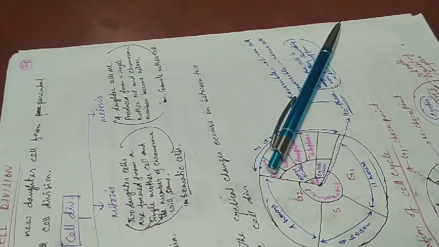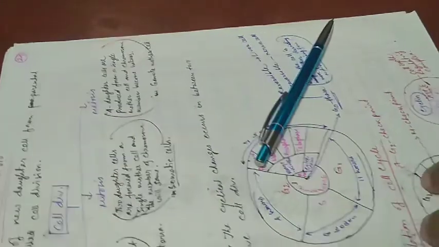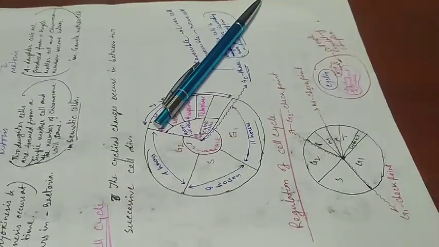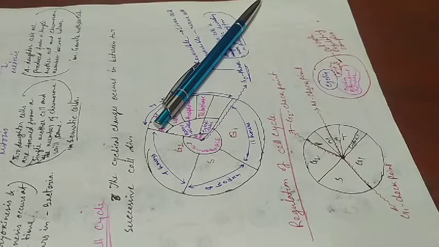Then how is the cell cycle regulated? So, regulation of the cell cycle. In the regulation of the cell cycle, two special proteins take part. One is the cyclin protein, and another is an enzyme known as the cyclin dependent kinase enzyme.